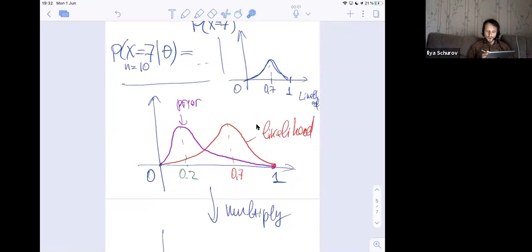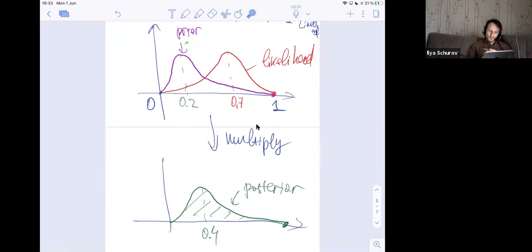But in our prior, the most probable value of theta is somewhere here, 0.2. When we combine this prior and our likelihood, it shifts our beliefs and moves the most likely value of theta somewhere to the right, because data provides such evidence. But it is not the maximum likelihood estimate, because the prior provides some arguments against it. So we can say that the prior shifts this curve to the left and the likelihood shifts this curve to the right, to something in between.